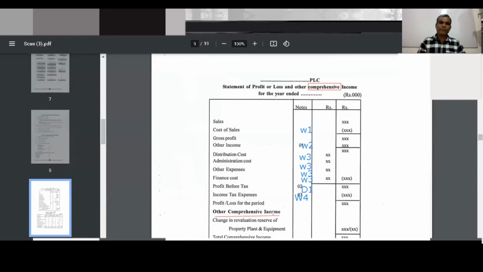Understand? If we are not considering other comprehensive income, this income statement cannot be treated as a comprehensive income statement.